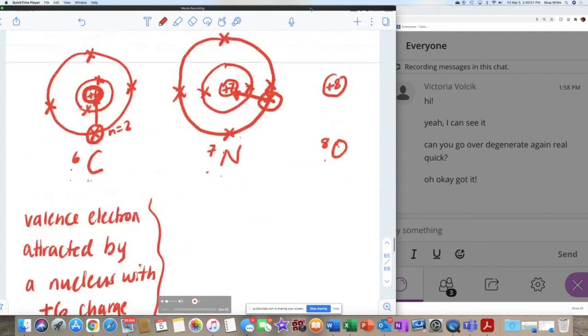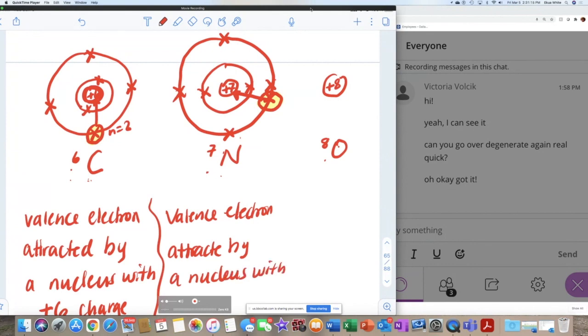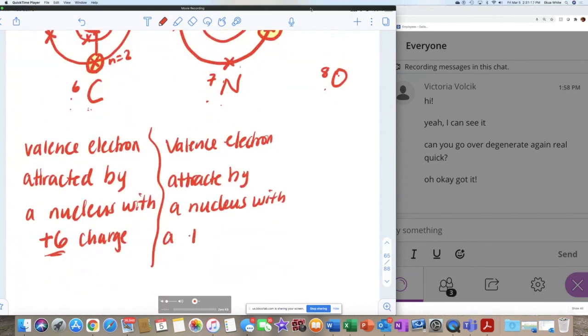But with nitrogen, the last electron, which is this one here that I put in, this is our last electron here, valence electron attracted by a nucleus with a plus 7 charge.